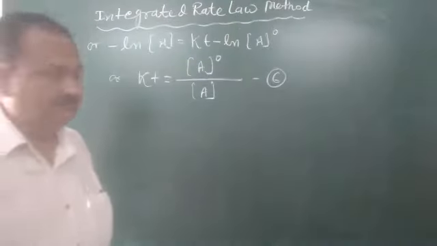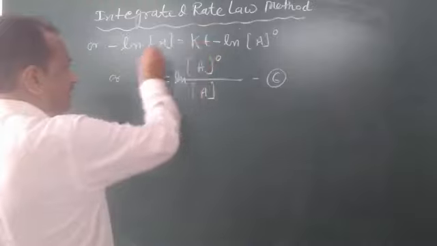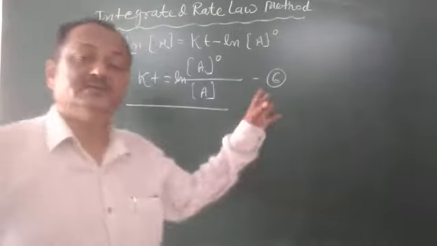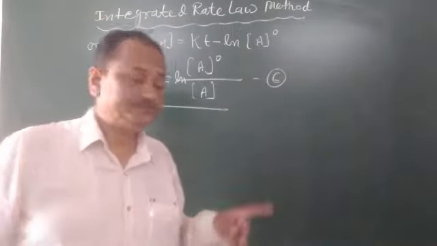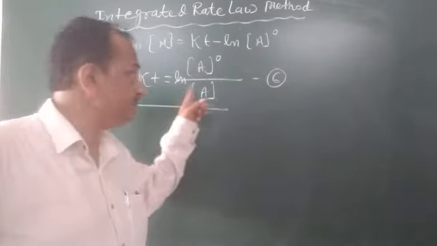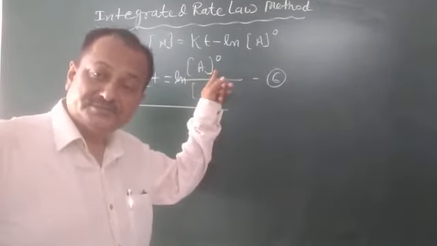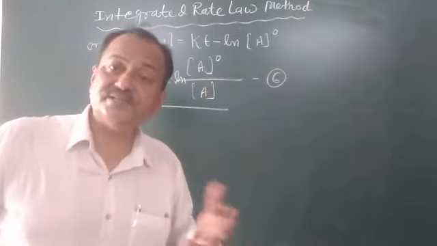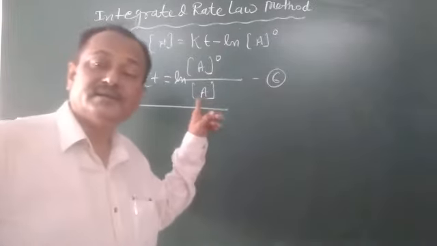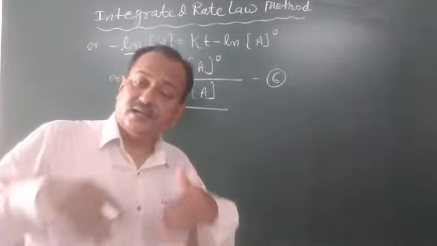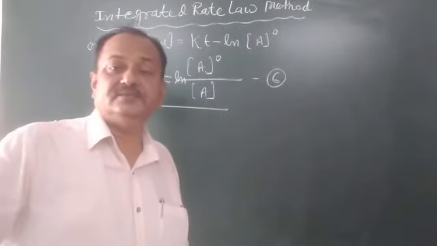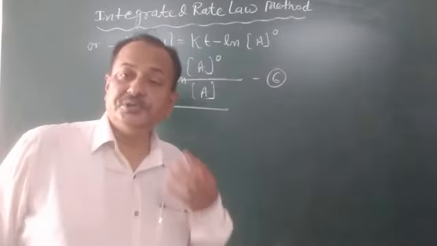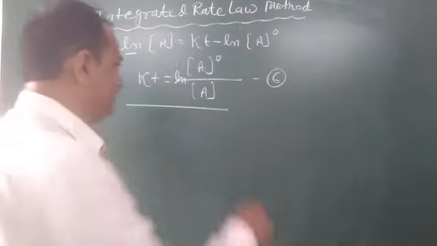Now this is a very important equation to understand. K is the rate constant, t is time, A naught is the concentration of reactant at the start of the experiment, that is when t is 0, meaning 100%, and A is the concentration after time t. This equation is not convenient to use, so we will change it.